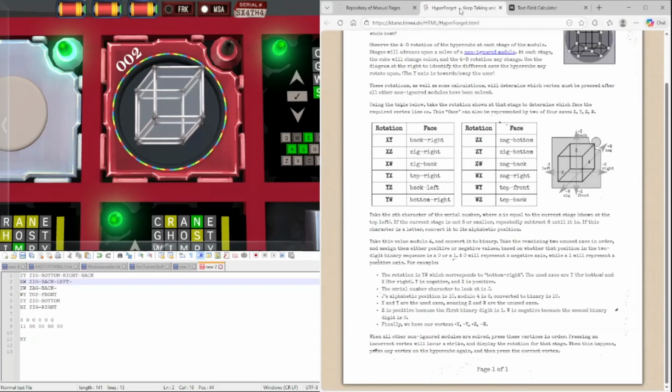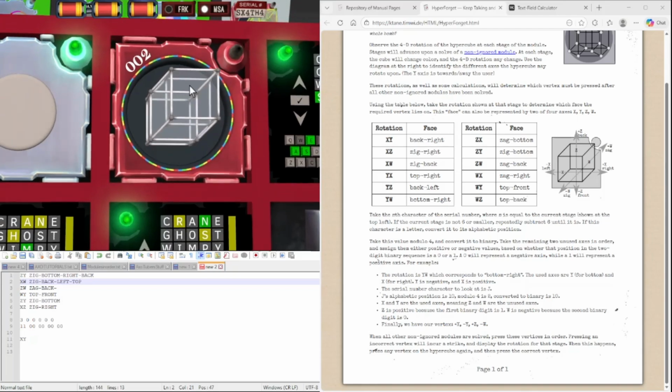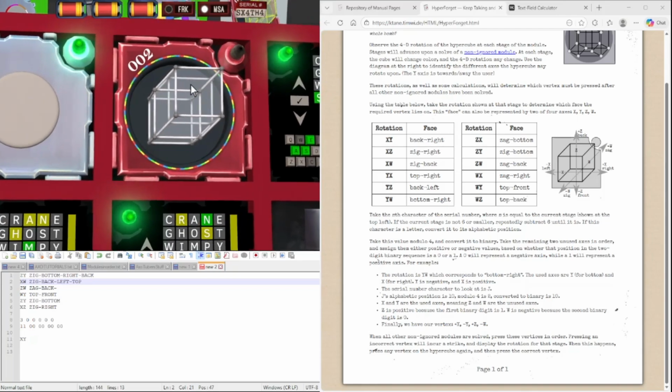Oh, wait, no, I was identifying them, I think. So positive is this is coming out towards us, I think. So that's going to be top. So zig, back, left.